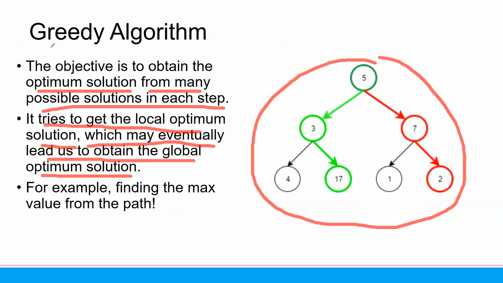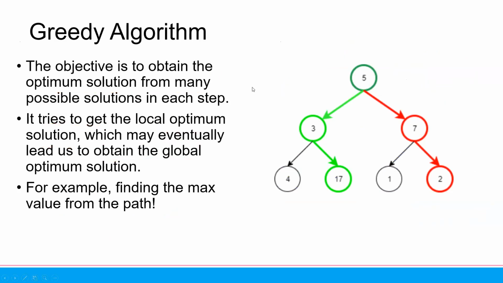Let's say I have this is a 3. It starts with 5. And then I want to find the maximum value. I want to sum all those values and find the maximum of the summation.